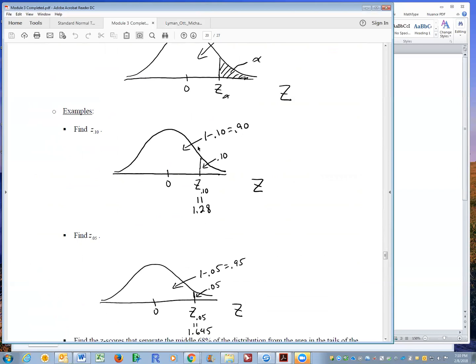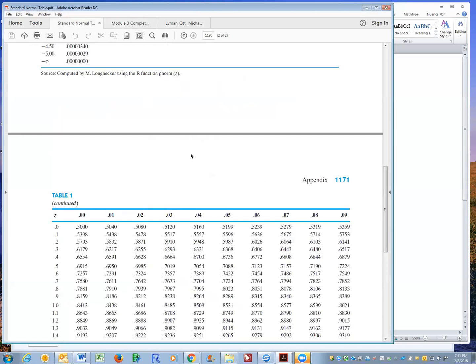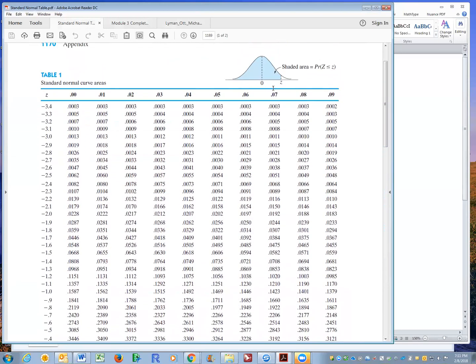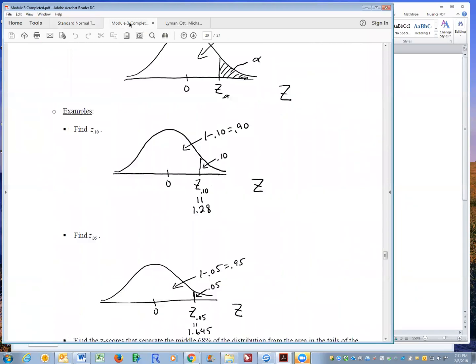The reason I introduced the left area is because that's how the standard normal table gives us areas under the curve, to the left for corresponding Z scores. So I couch this problem in terms of a left area. This Z sub 0.10 is a Z value that has a left area of 0.90.